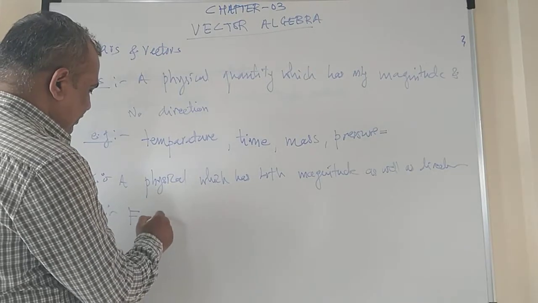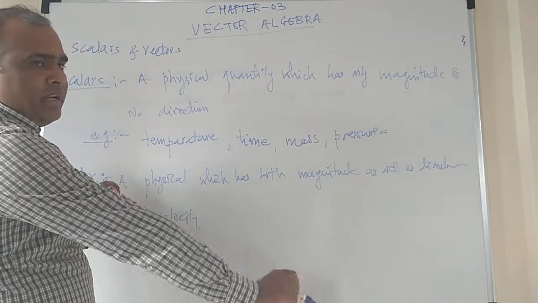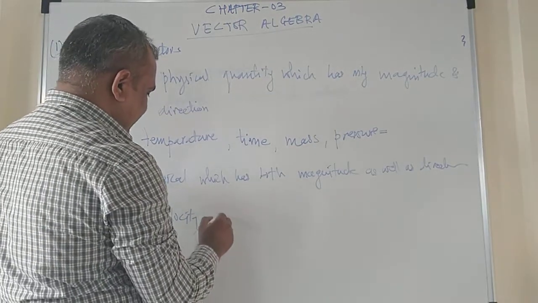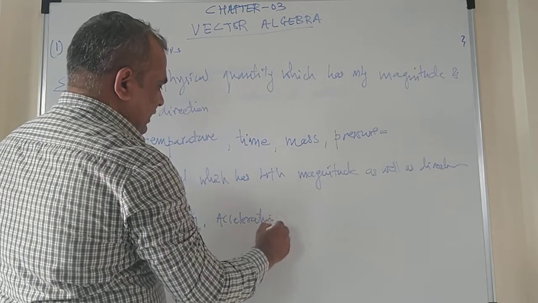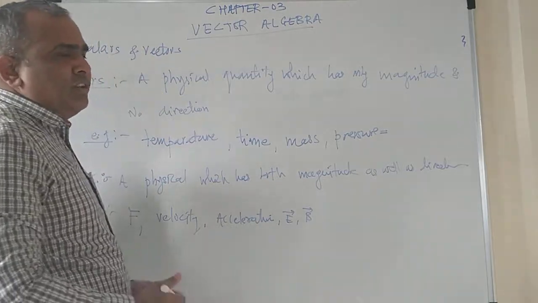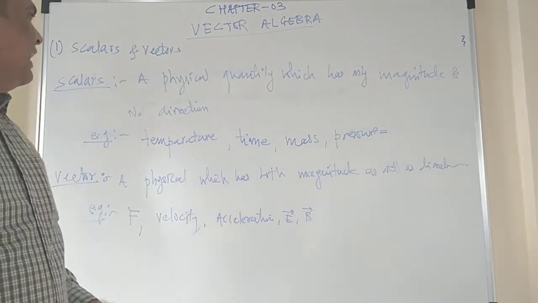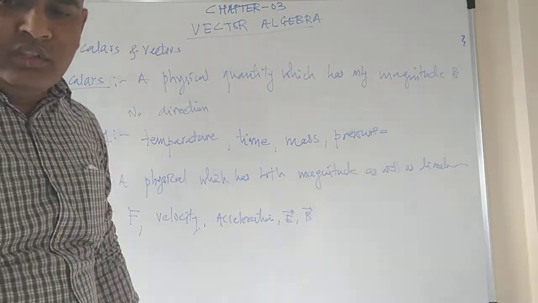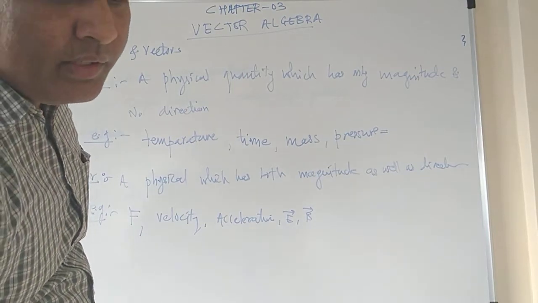Clear? Then velocity is one more vector quantity. It has magnitude as well as a direction. Then acceleration, you can say electric field, magnetic field. So all these are vector quantities. You can give me a number of examples of a scalar quantity and a vector quantity. So these are the two very simple definitions of scalar quantity and a vector quantity.